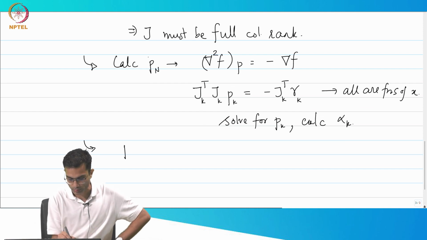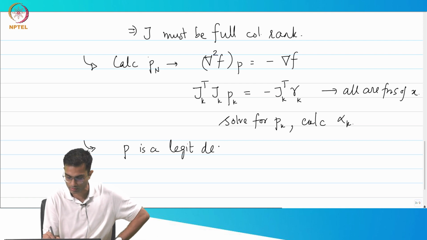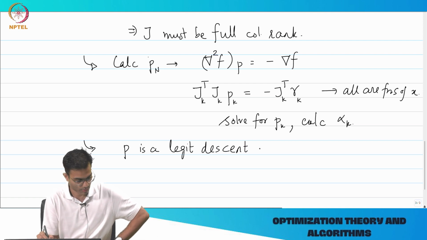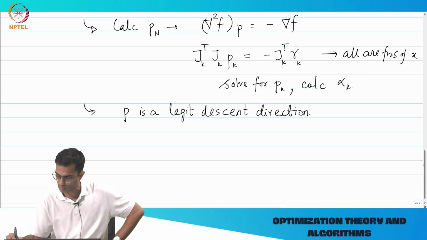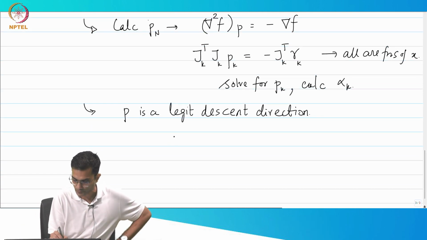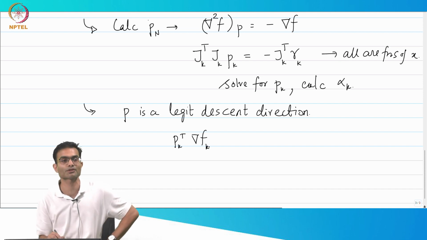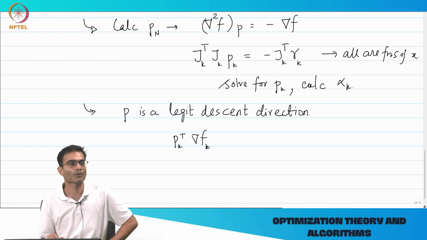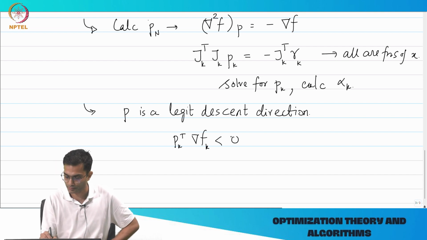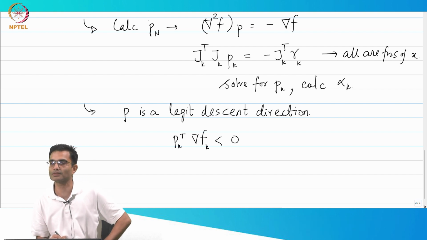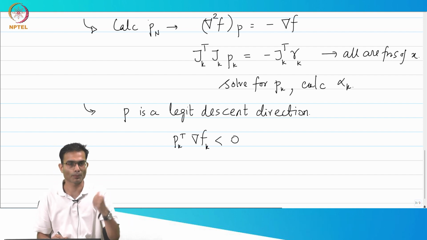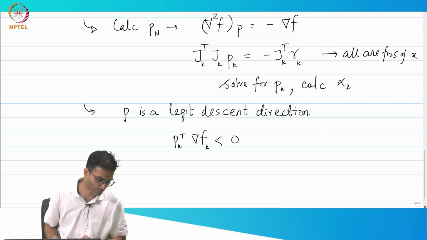If P is a legitimate descent direction, then pk transpose grad fk, this expression should be what? Positive, negative, 0? Negative. It should be less than 0. Then it is a descent direction because I am going in the opposite direction to grad f.